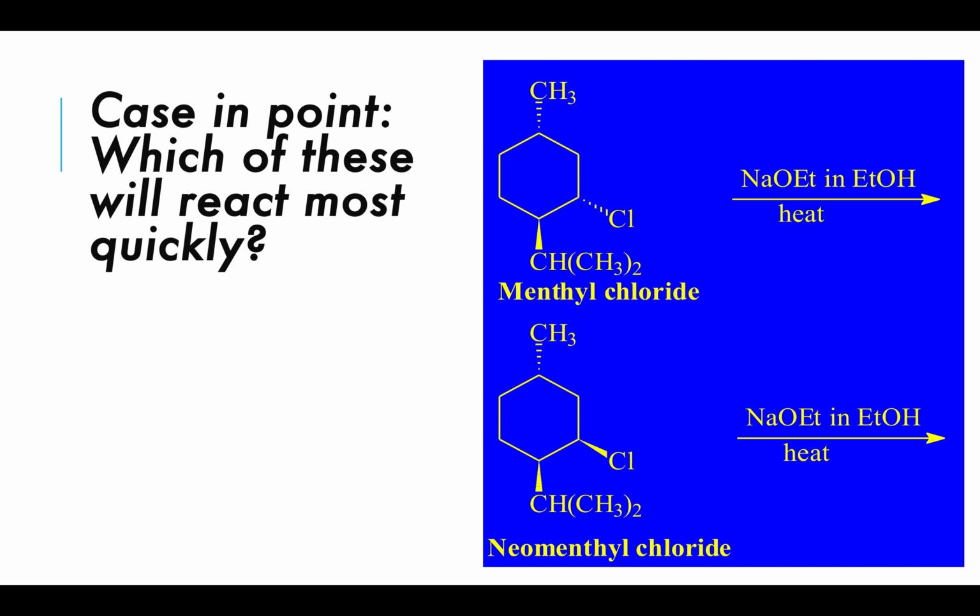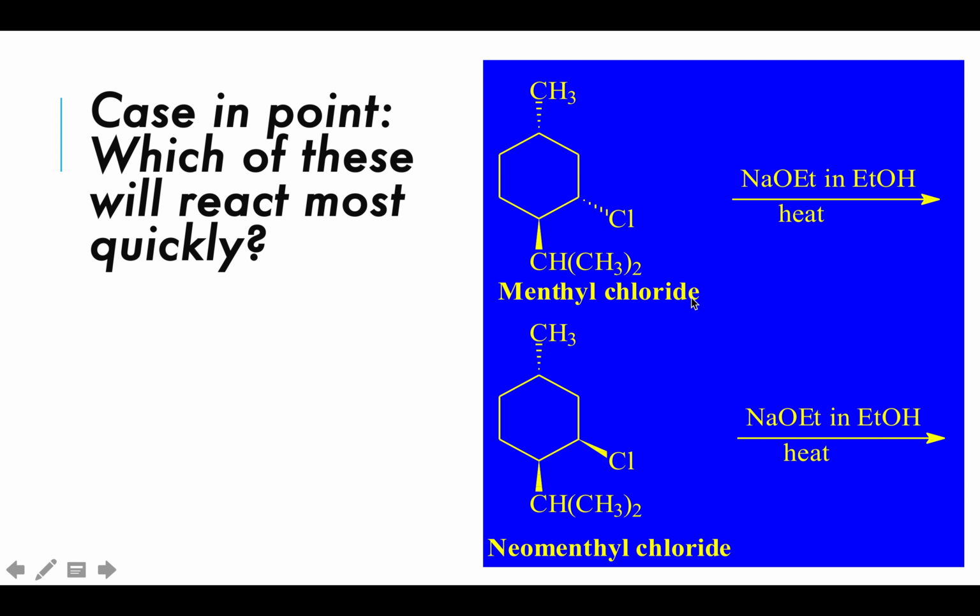Okay, guys, that's not a typo. It really is menthol. It's a structure similar to menthol, like mint flavor. But instead of an alcohol, it's a chlorine. So it's not a typo.